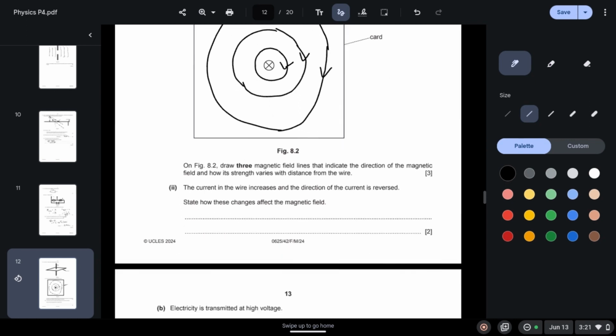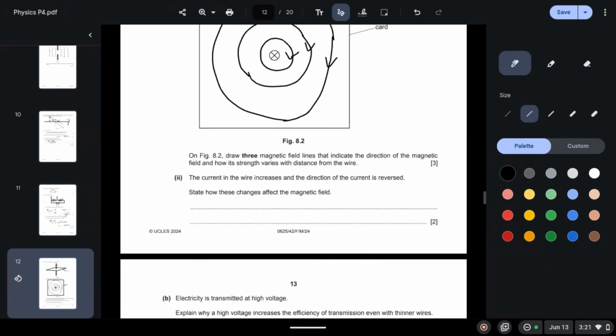The current in the wire increases and the direction of the current is reversed. State how these changes affect the magnetic field. So the increase in current causes the magnetic field strength to increase, and the reversal of the direction of the current causes the direction of the field to reverse.